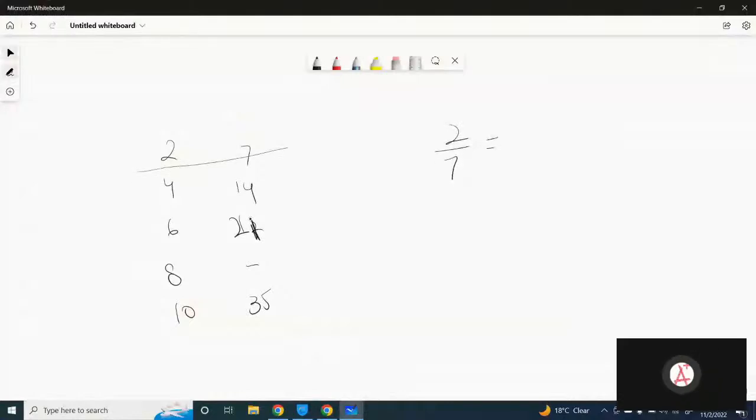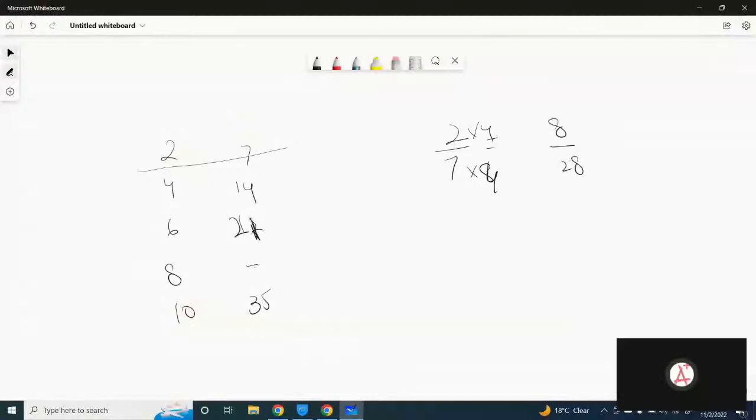Now, the missing number is at the fourth place in the table: 1, 2, 3, 4. So just multiply and divide it with the 4. So 2 times 4 is 8, and 7 times 4 is 28. Got it?